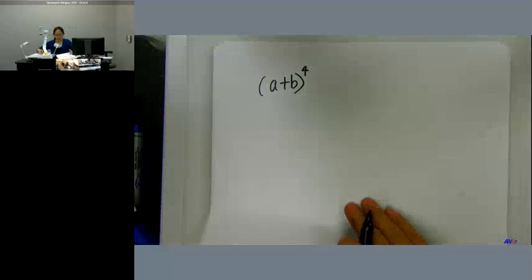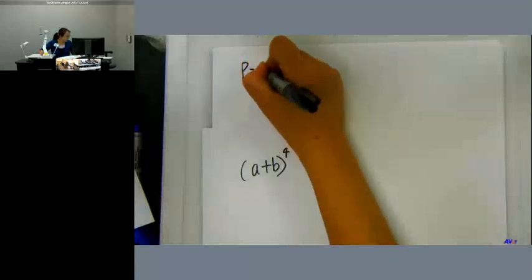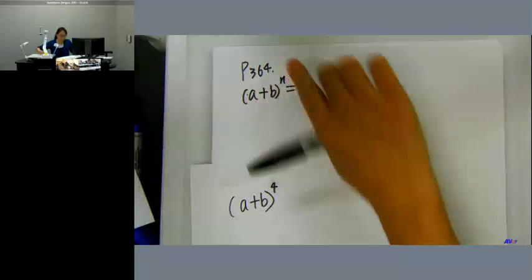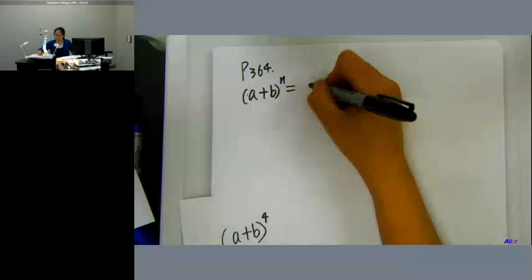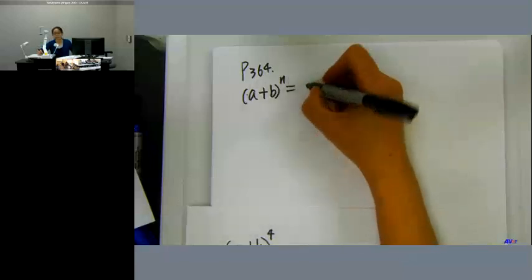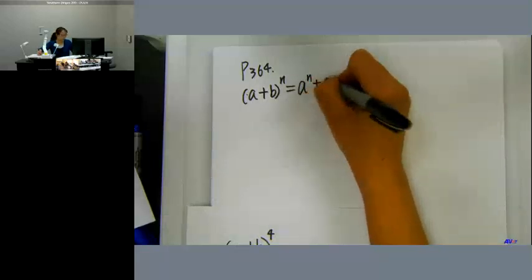Maybe I can go ahead and write down the formula for you, and then I will explain where they get that formula. So the formula is on page 364. a plus b to the nth power, so any power, even 10th, 100, you can use this formula, equals, so there are two forms given. One is in summation notation, but we're going to skip that. I'm just going to write down the expanded form.